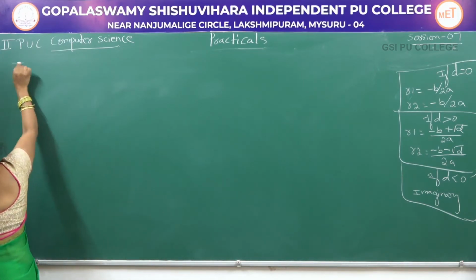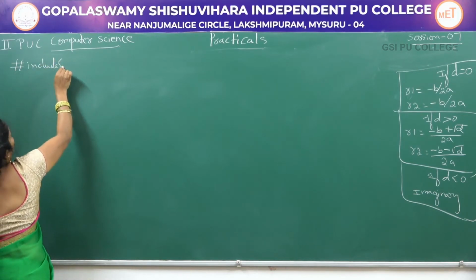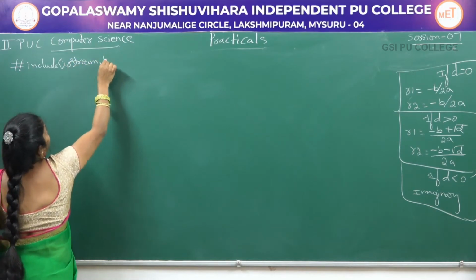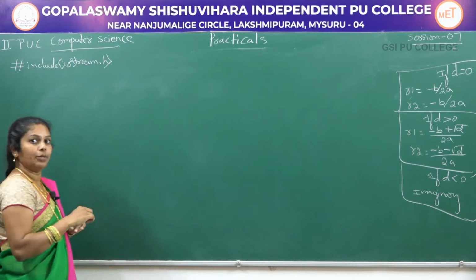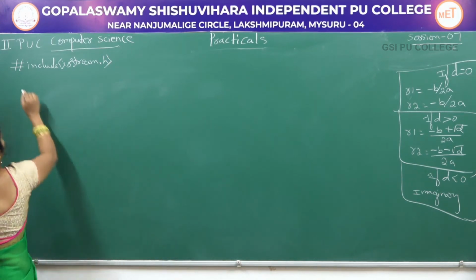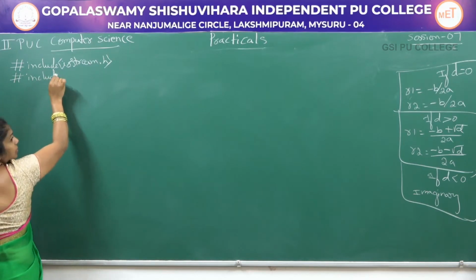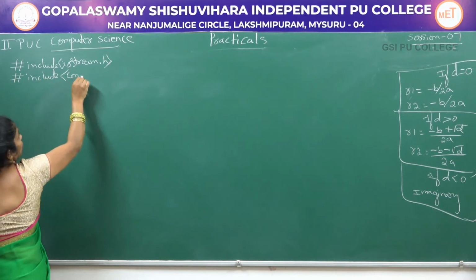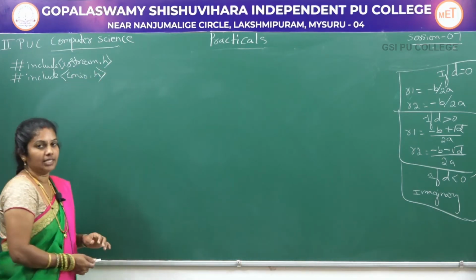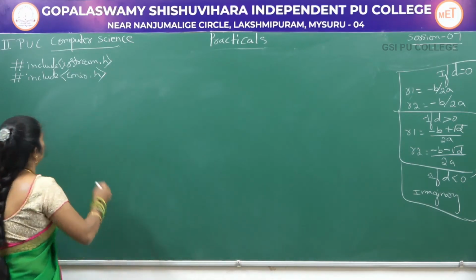The first header file: hash include iostream.h. This is the supporting header file for cin as well as cout functions. Next, hash include conio.h, a supporting header file for the clear screen as well as getch functions.